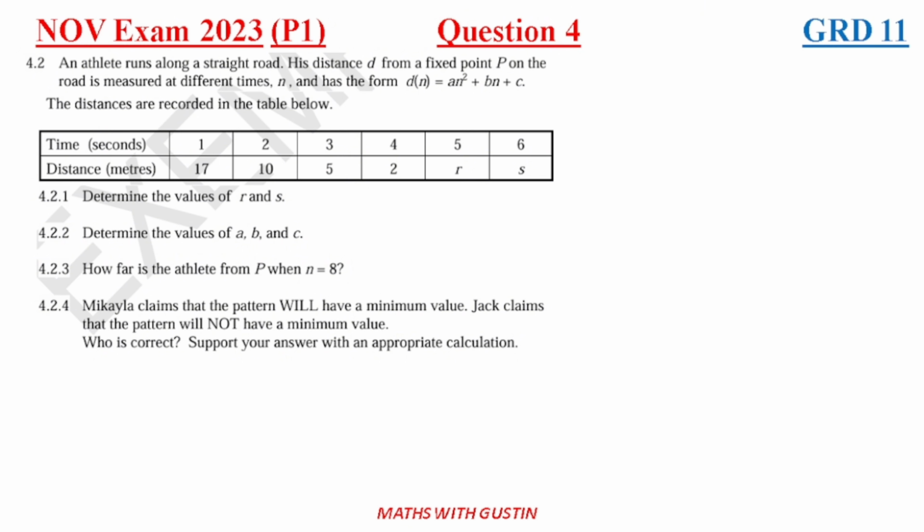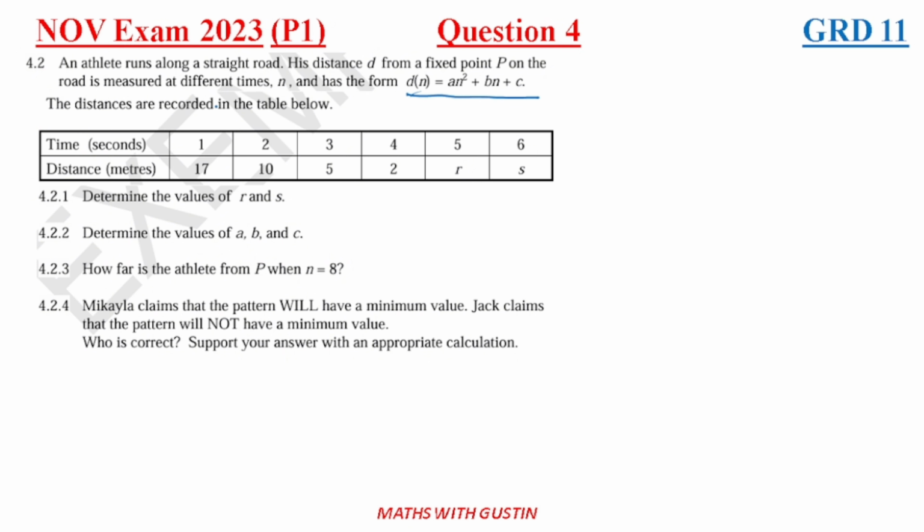All right, 4.2, it says an athlete runs along a straight road. His distance d from a fixed point p on the road is measured at different times n and has the form of, okay, we can see already it's a quadratic pattern here.